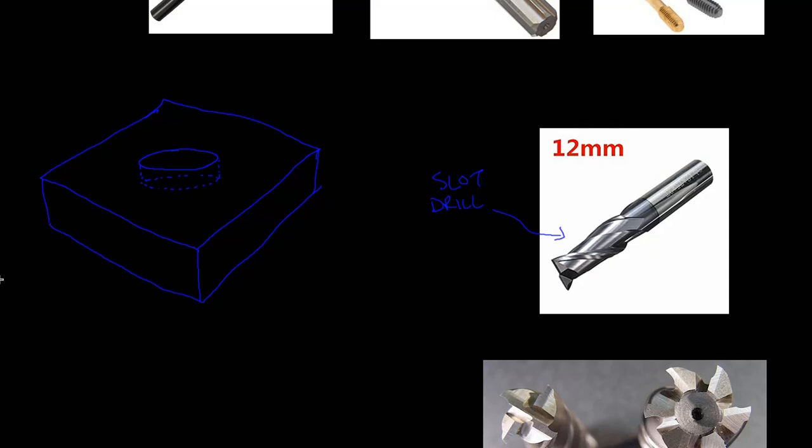And again, end mills can come in metric, in inches, and in all sorts of diameters. The main purpose of the slot drill is to make a bored hole with a size-on-size diameter. So that diameter would be equal to that diameter, and so you can get a nice flat bottom.